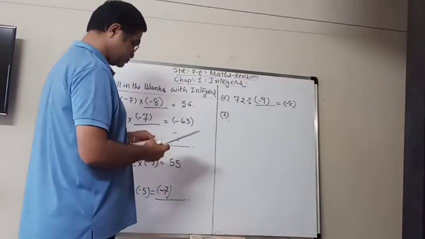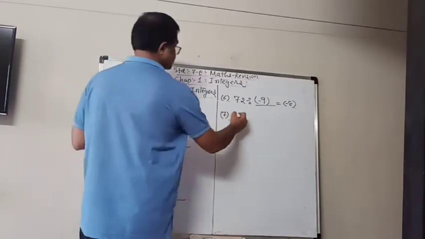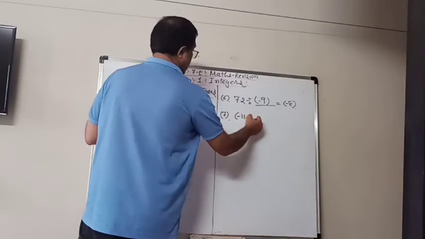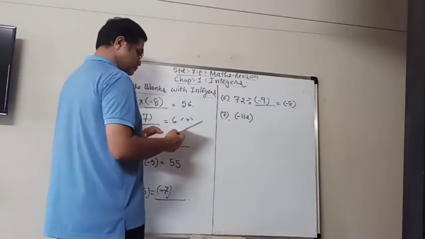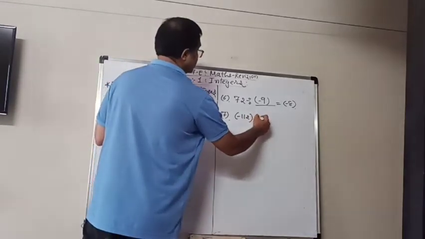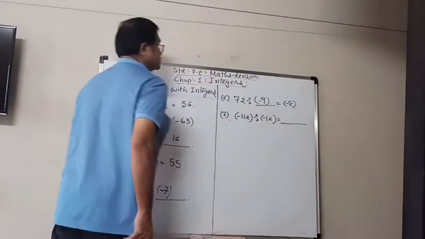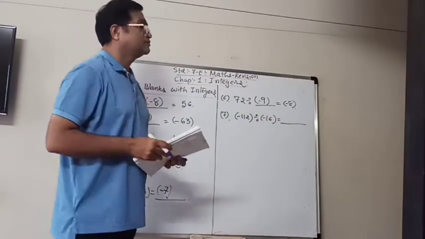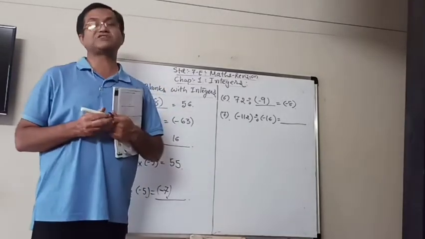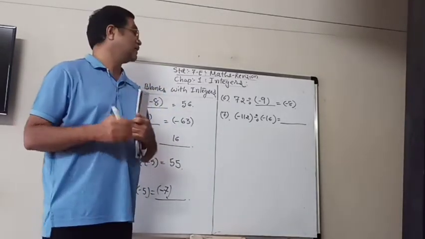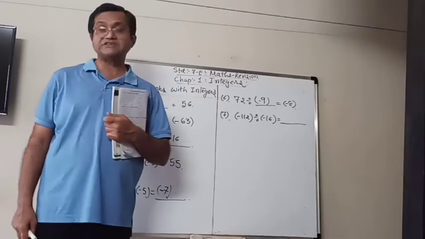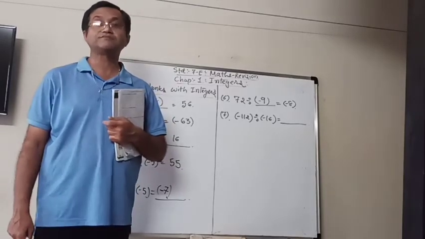Seventh one. Minus 112 divided by minus 16. So now if you take the table of 16, then 16 sevens are 112.